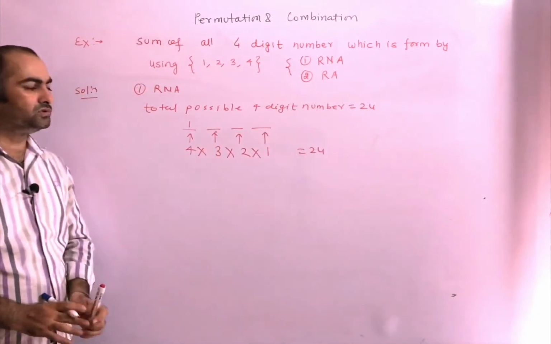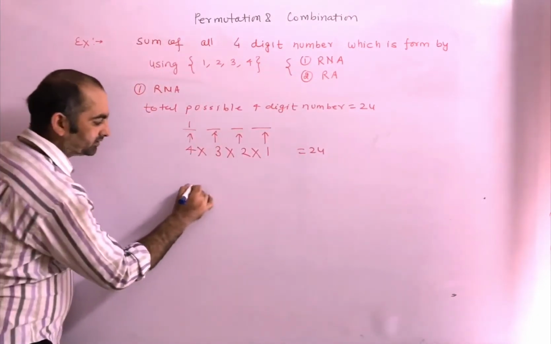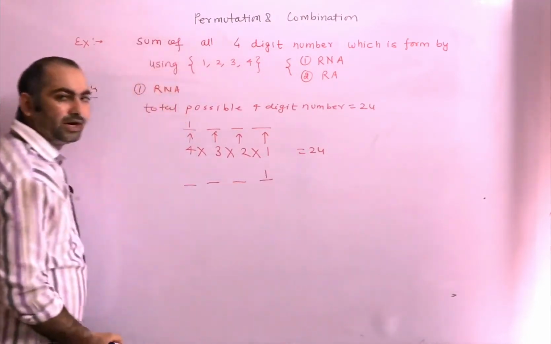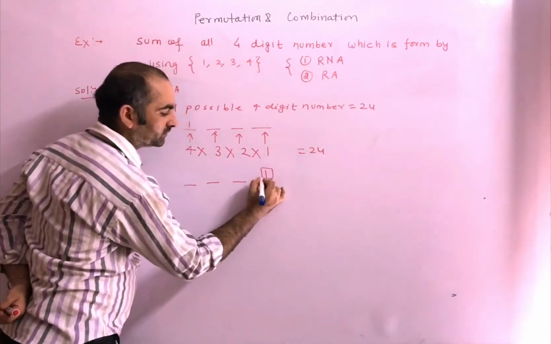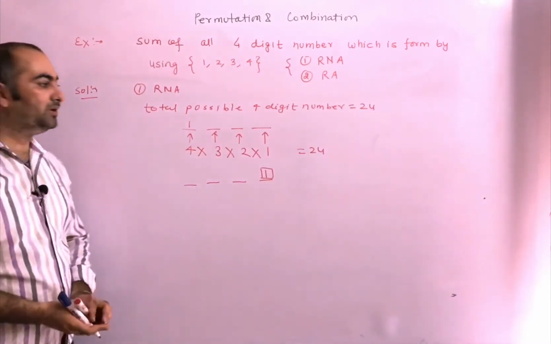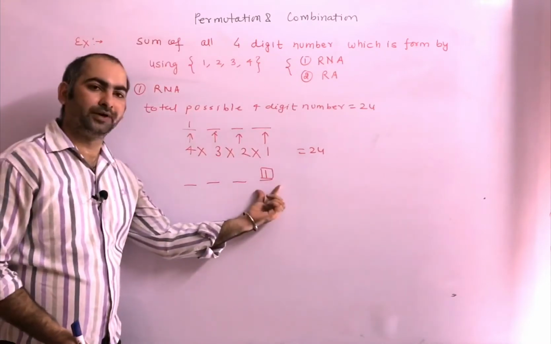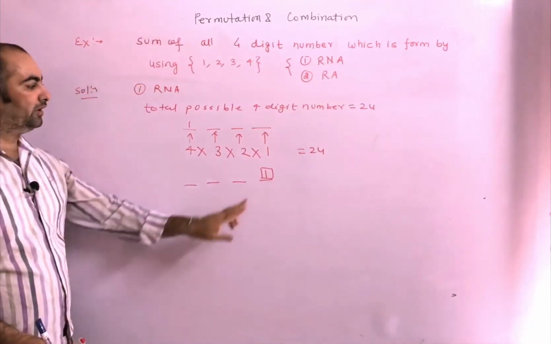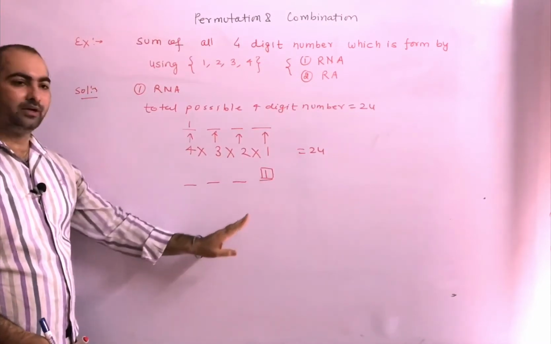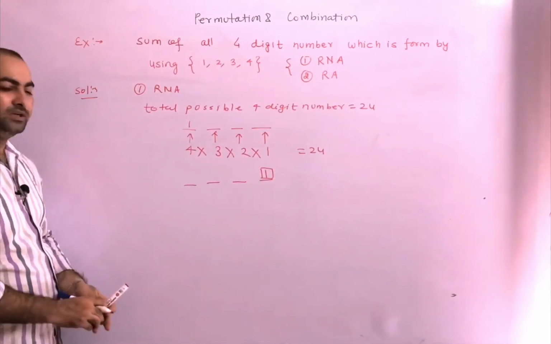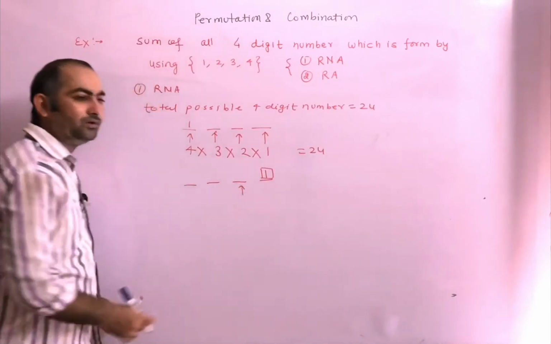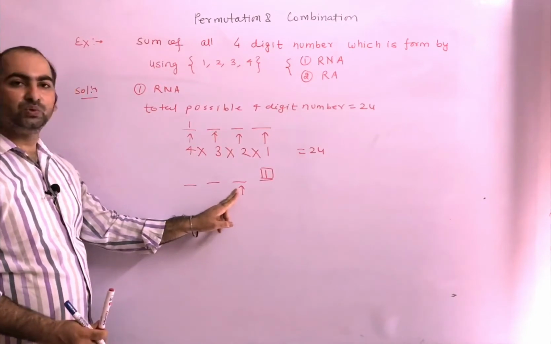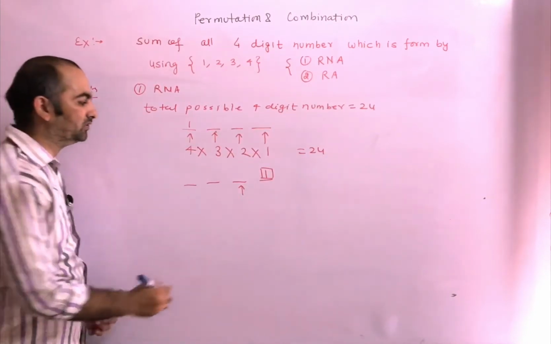So what you will do: out of 4 places, at unity place you fix 1. Now you are finding in how many numbers unity place is 1. So out of 24 numbers, in how many numbers unity place is 1. That means you are fixing 1 here. Now the remaining 3 places you have to fill. This place, we can't repeat 1 again, so you can fill this place by 2, 3 or 4. 3 choices.